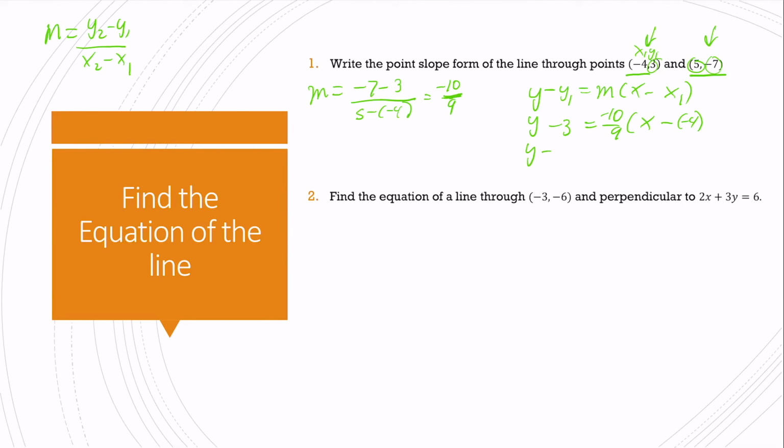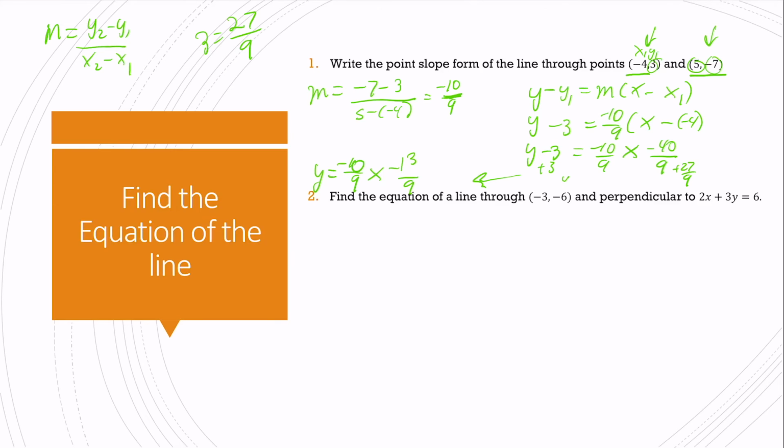Y minus 3 equals -10/9 x minus 40/9. I'm going to add 3 to both sides. Well, remember 3 is the same as 27 over 9, because we need this to have a denominator of 9, so I'm going to add 27 ninths because they're equivalent. So I get y equals negative 10 ninths x minus 13 ninths as our final answer.